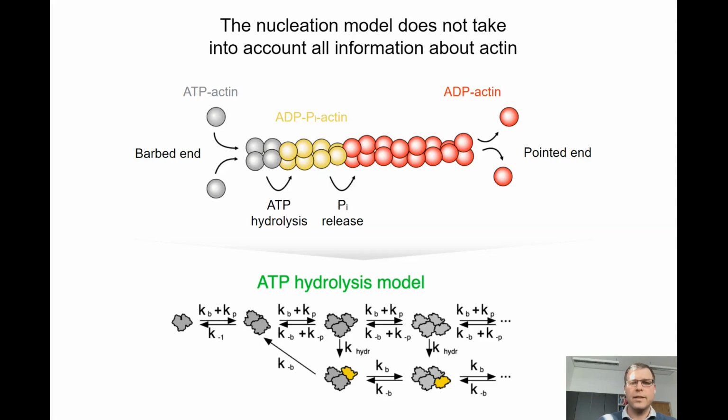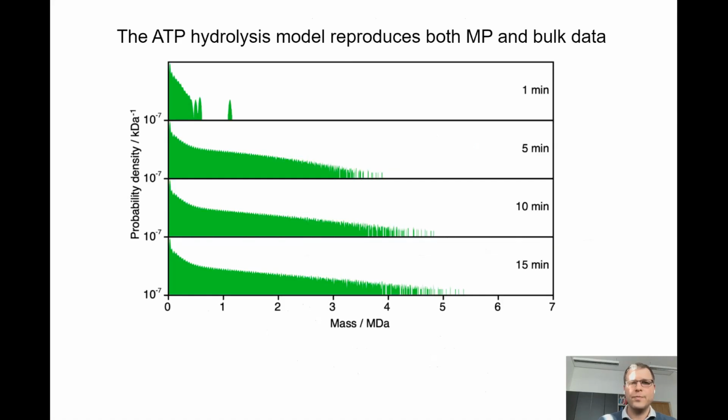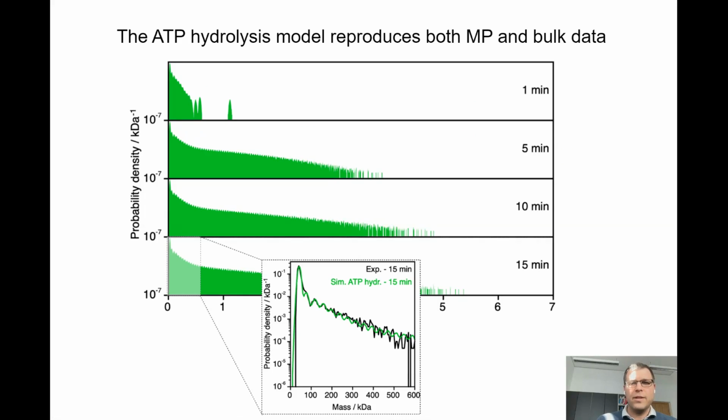When I plugged this into my simulation, I actually got very different curves out. And in fact, just using published rate constants for the polymerization and depolymerization rates from the barbed and pointed ends already almost perfectly recreated my experimental data in the low mass regime.